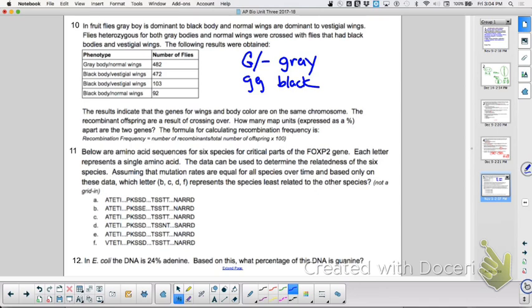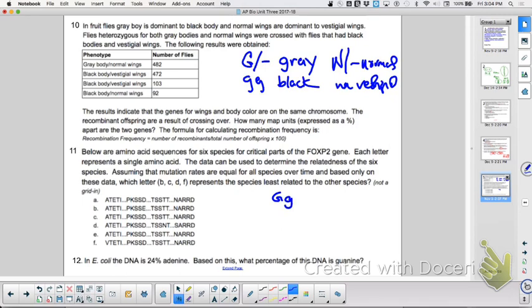And normal wings are dominant to vestigial. Flies heterozygous for both gray bodies and normal wings were crossed with flies that had black bodies and vestigial wings. Okay, so flies heterozygous for gray bodies would be big G, little g, right?